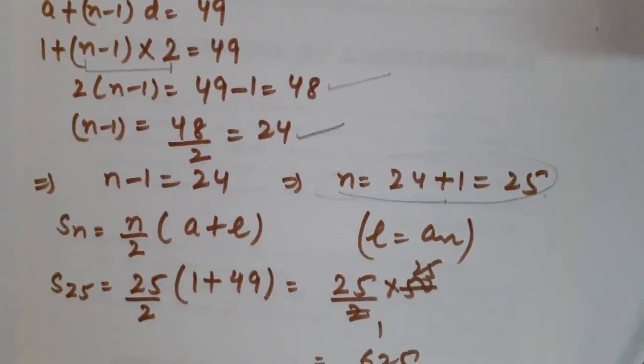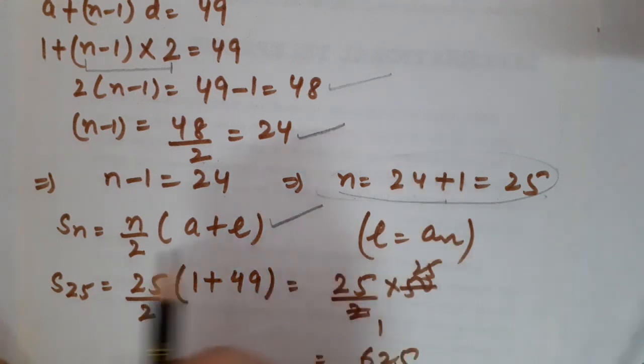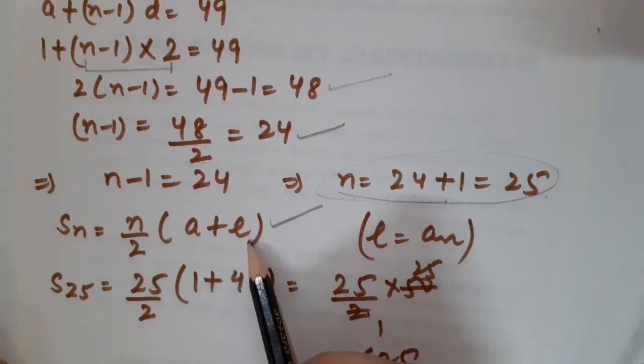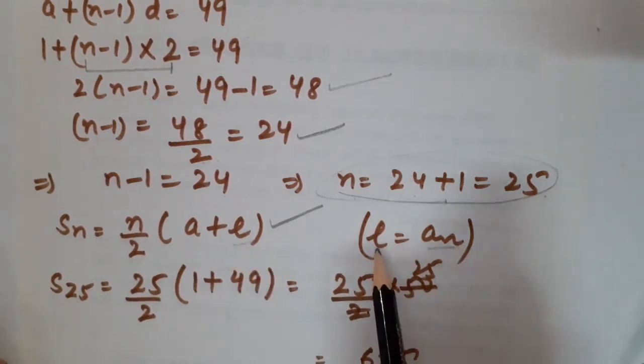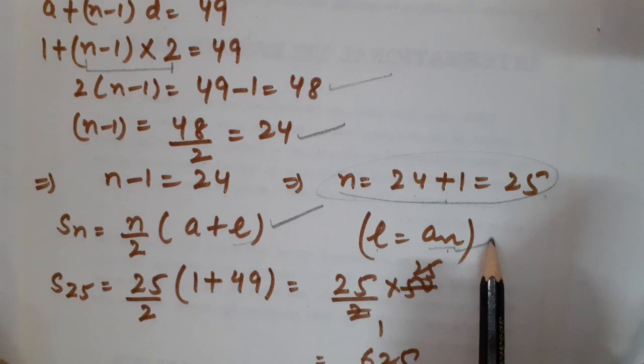Correct? And children, we know the first term, we know the last term. So definitely which formula should we apply now to find the sum of the first n terms of an AP? That is Sn is equal to n by 2 into (a plus l). In place of l you could write an also, because l is also known as the last term and an is also known as the last term of the AP, that is the nth term of the AP. Correct?